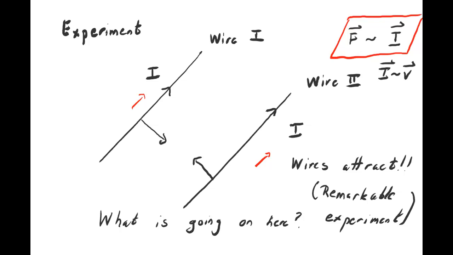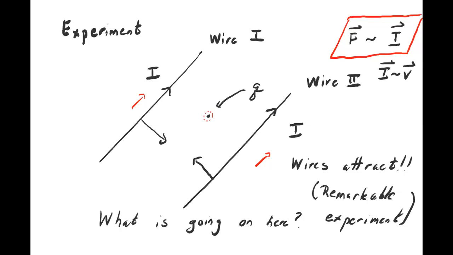Now I'll give you one more exciting piece of this experiment. If you come along and place a stationary charge, Q, right there, just nail it down, it's not going to be affected in this experiment. So if you turn off the current that goes through wire 1 and wire 2, nothing happens.